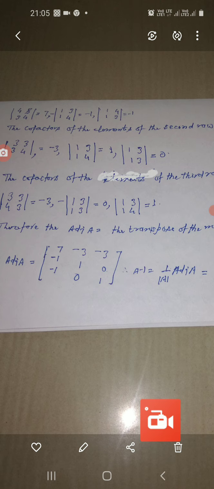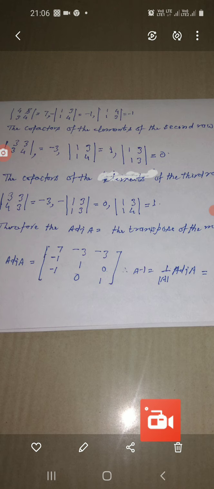The cofactors of the elements of the second row are minus determinant 3 3 and 3 4, which is equal to minus 3, determinant 1 3 1 4, which is equal to 1, and determinant 1 3 1 3, which is equal to 0.